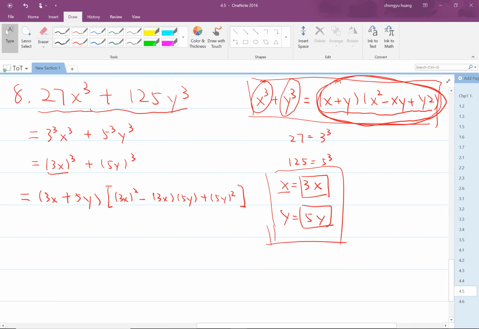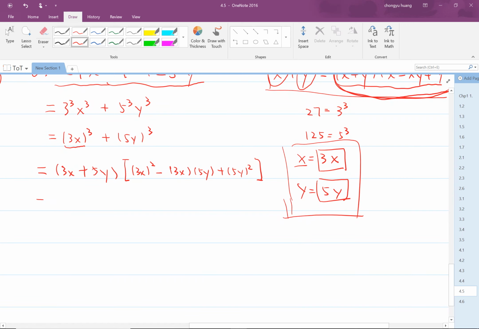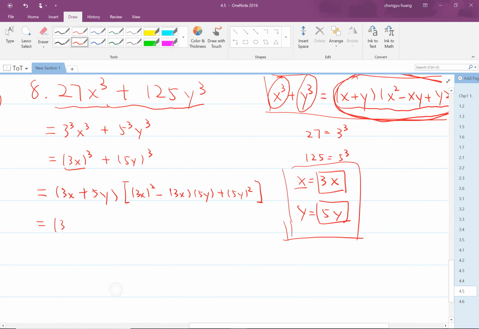Now we just simplify a little bit more. What we have over here is (3x) to the power 2, which is 9x squared, and then minus 3x multiplied by 5y, which is 15xy, and then plus (5y) squared, which is 25y squared.